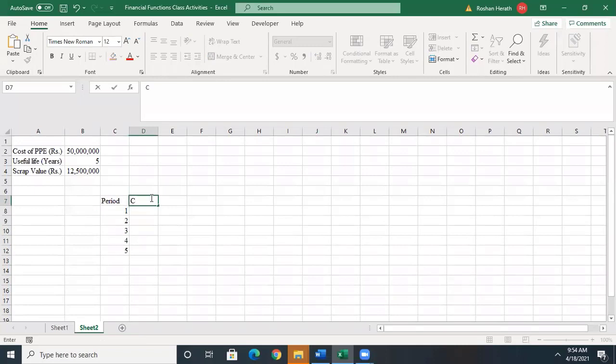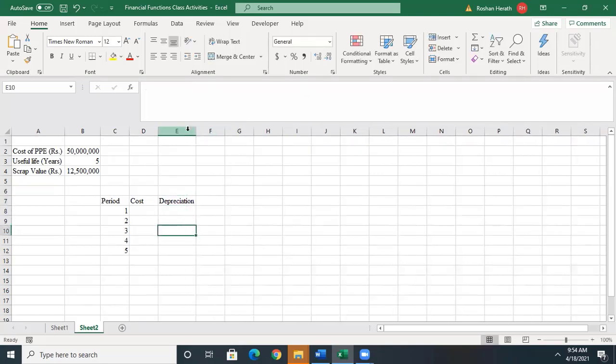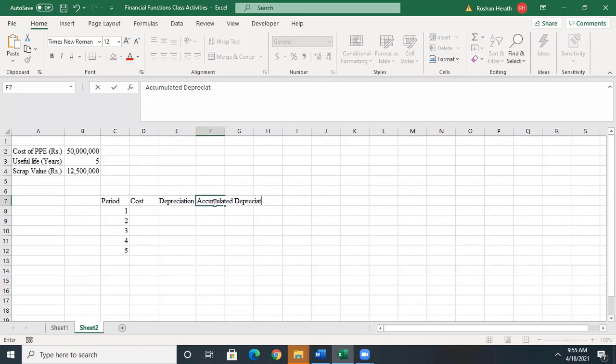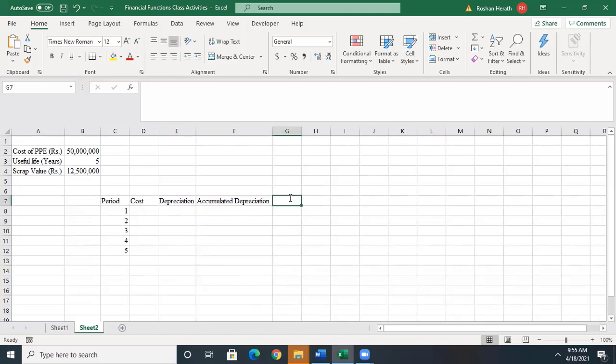Then you need to take the cost. Then you need to have accumulated, or even we may take the depreciation as well. Depreciation, then accumulated depreciation, and finally the carrying amount.